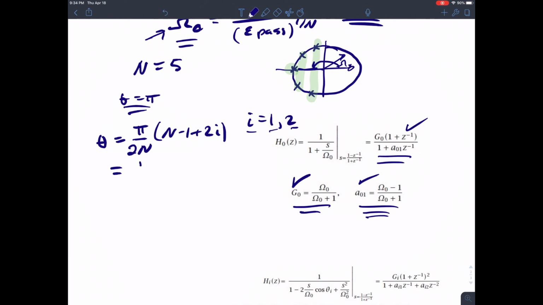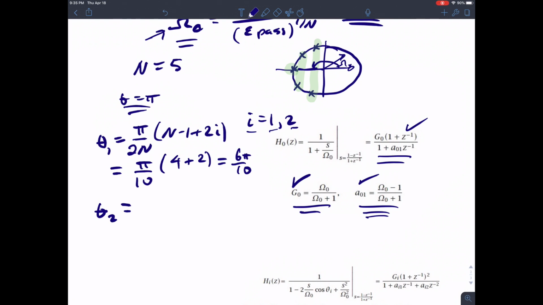So I plug in n equal to 5, so this would be pi over 10. n minus 1, 5 minus 1 is 4, plus 2 times 1. So one of the angles is 6 pi over 10. That'd be theta 1.